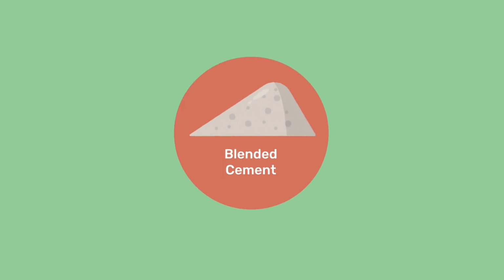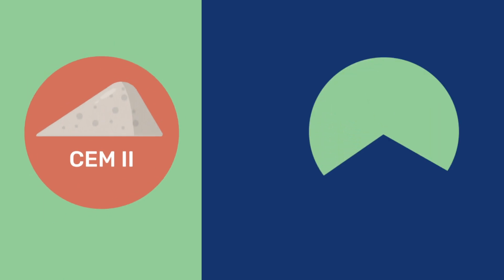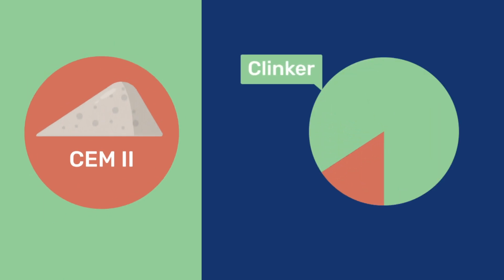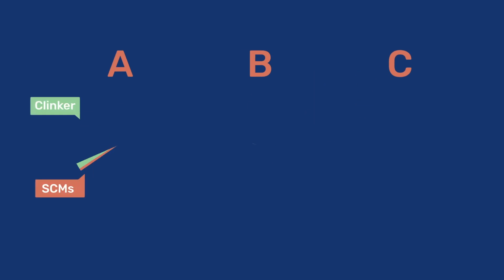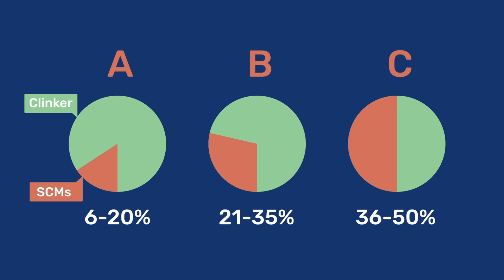The type of blended cement we are most concerned with is noted CEM II and defines cements for which part of the clinker is replaced by SCMs. The amount of replacement is defined by letters A, B, and C, generally defining replacement levels of 6 to 20%, 21 to 35%, and 36 to 50%.